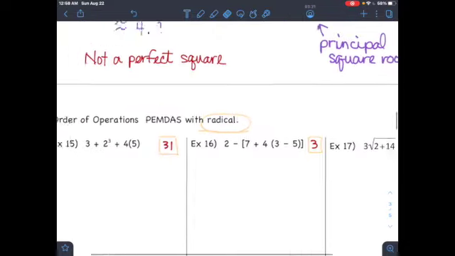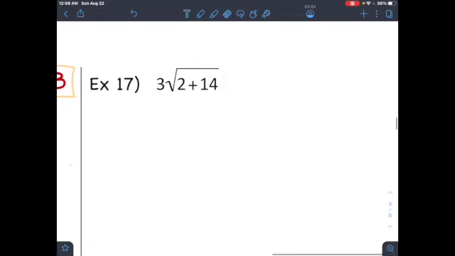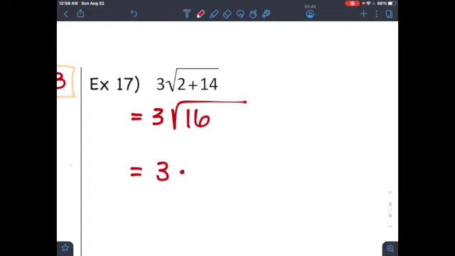Going on to example 17. Let's try the one with a square root. Again, square root is like a parenthesis. Do 2 plus 14 right here first, and that is going to be 16. Take care of your square root first, so that's going to be 3 times 4. What number times what number gives you 16?